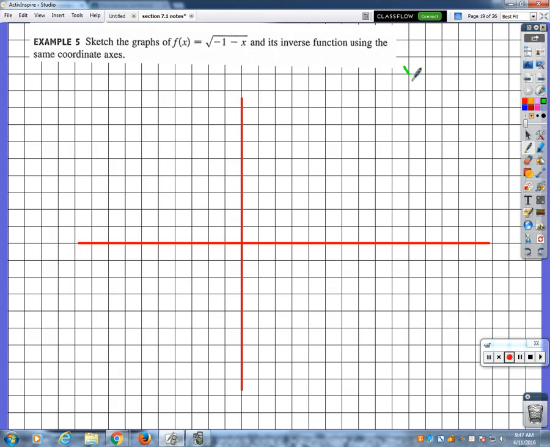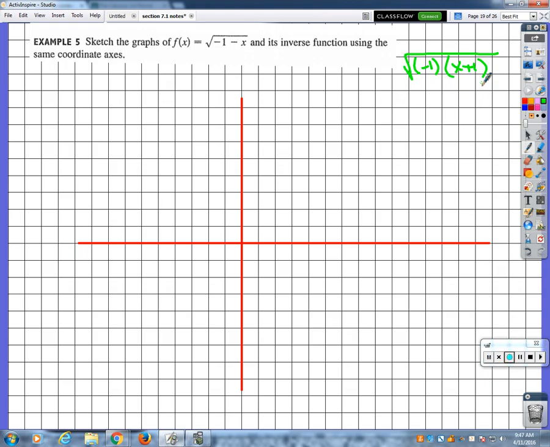We're going to start plugging in some numbers, but I think really what's happening here is if I factor out a negative 1, then I have the x plus 1 like that. So really what I'm doing is taking the regular old square root function, the plus 1 moves it to the left 1, and then this negative 1 inside here flips it. Does it flip it upside down, or does it flip it side to side?